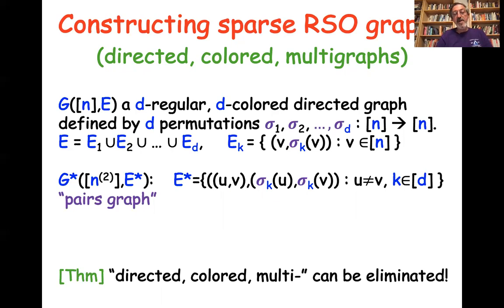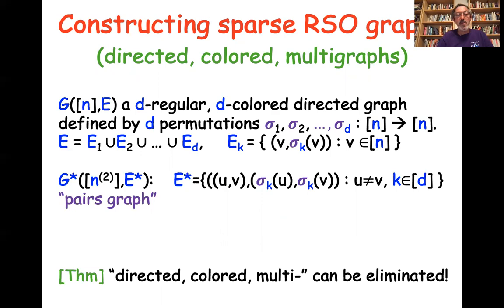And now I want to define an auxiliary object that's important for the analysis. It's a pairs graph, so it's a graph on the pairs of vertices in G. The edges of this graph are just, you take any pair U, V, and for every permutation sigma k, you look at where this pair moves to.